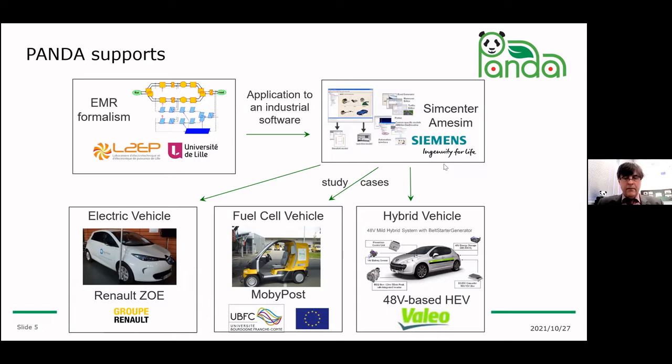And we will simulate and test 3 study cases, which are 1 electrical vehicle from Renault, is the Zoe, a fuel cell vehicle from another European project, which is called MobiPost, is from Université de Bourgogne-Franche-Comté, and also a plug-in hybrid vehicle, which is a demo car from Valeo Company.